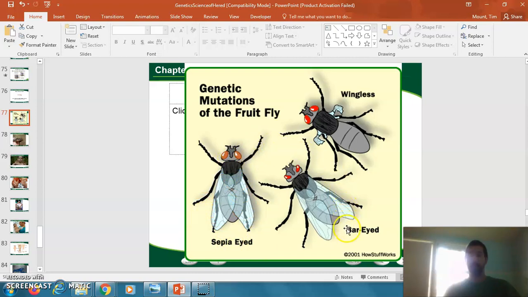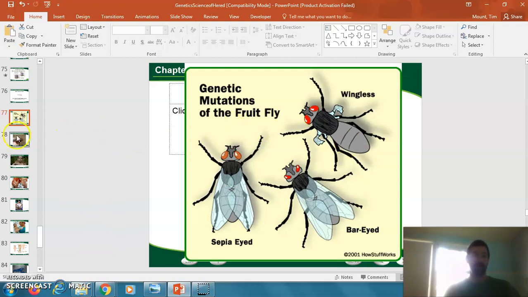This one with a particular mutation has bar eyes, a different type of shape of eyes, and another type of genetic mutation that will cause a wingless fruit fly to be apparent here, with no wings that are not able to fly. So there can sometimes be good mutations, bad mutations, mutations that can help organisms to survive, some that will not make them likely to survive, but these different types of mutations do occur.